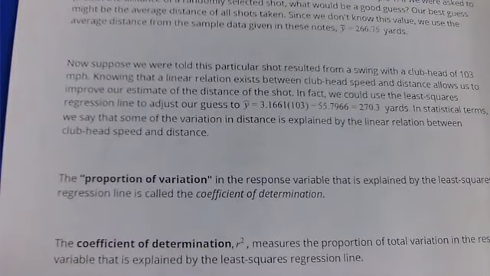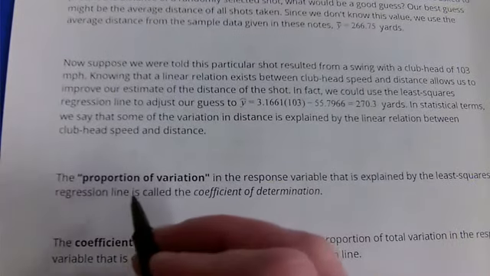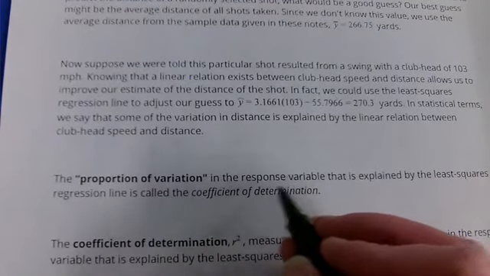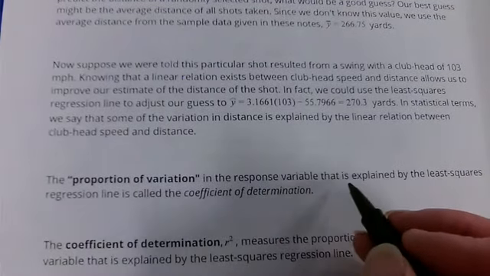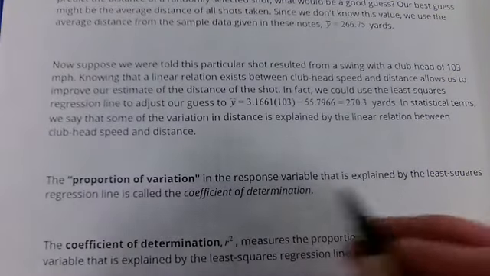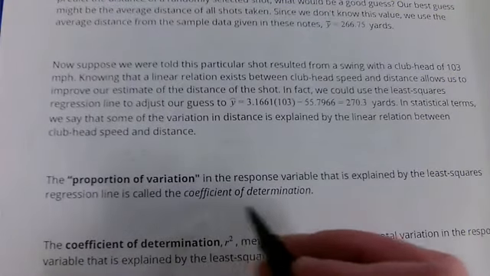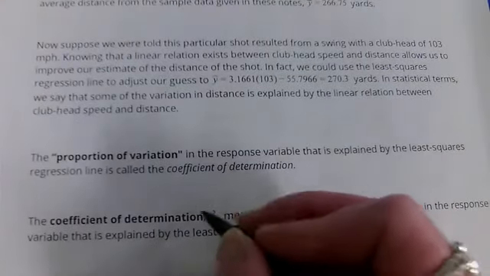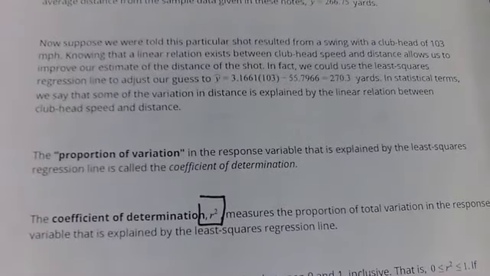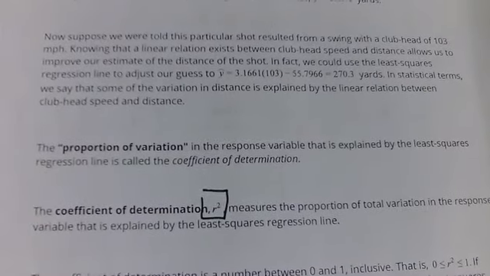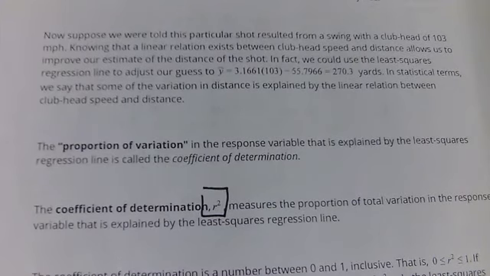The proportion of variation in the response variable, or our Y variable, that is explained by the regression line is called the coefficient of determination. That's R squared. So R squared is always going to be between 0 and 1.